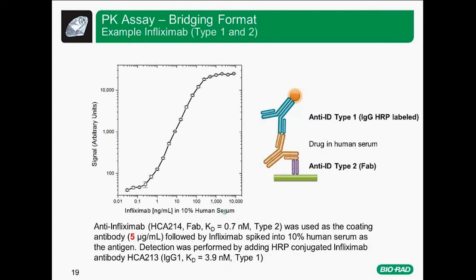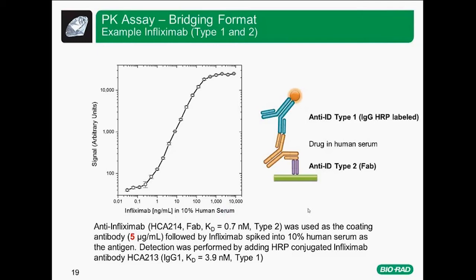Now, the same assay setup, a PK assay in the bridging format, but here's an example where we mixed two different anti-idiotypic types, namely a type 2, which was used for capture, and a type 1 used for detection.